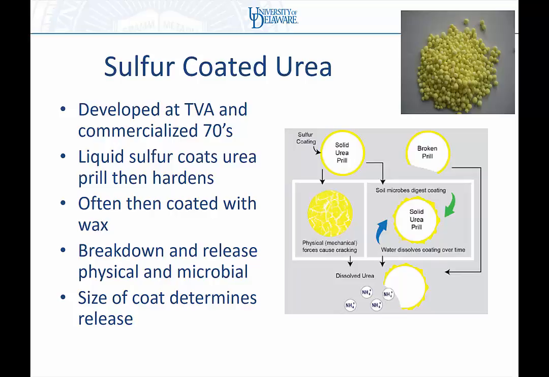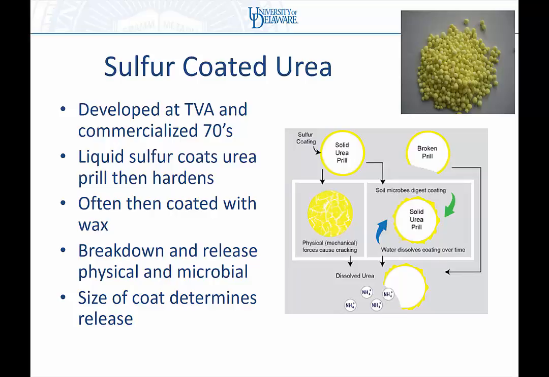The breakdown or release from a sulfur-coated urea granule is both physical and, of course, microbes reacting with the sulfur too. It starts cracking, the water enters through the cracks, and it starts to break down the coating. Then the size of the coating will determine its release pattern for sulfur-coated urea.